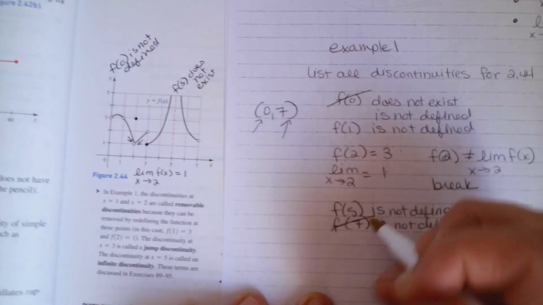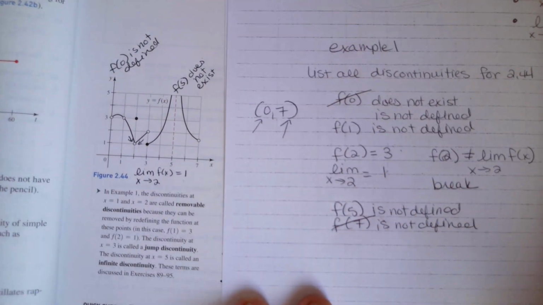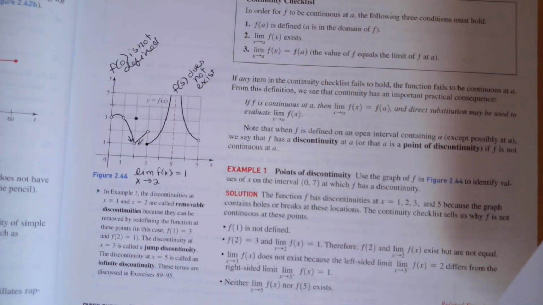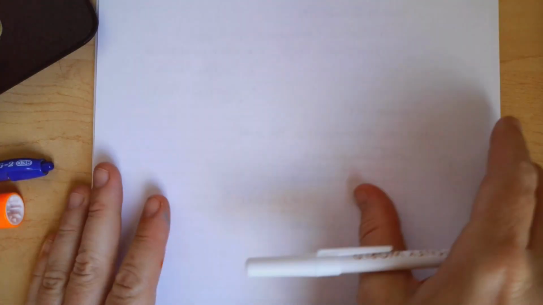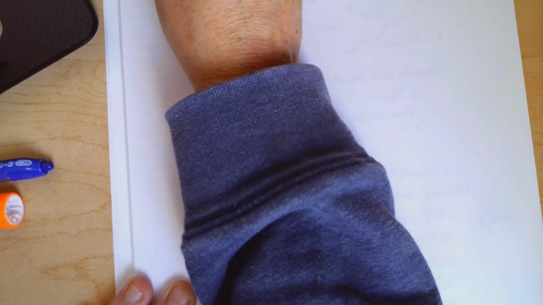So we technically didn't have to do those ones, but I just couldn't help myself. Let's go ahead. I'm going to do example 2 now. So this is example 2.